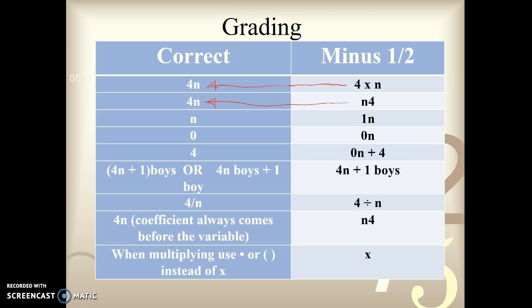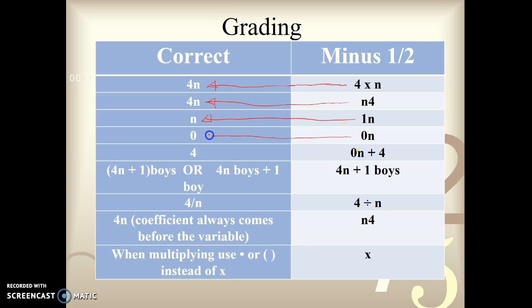Also in algebra, when the coefficient is 1, so just 1 times n, we don't write it. We just write the variable. So instead of writing 1n, we're going to write n. This is going to be a minus a half a point. Same thing with 0. We don't write 0n. Now here's where it's a little bit trickier.